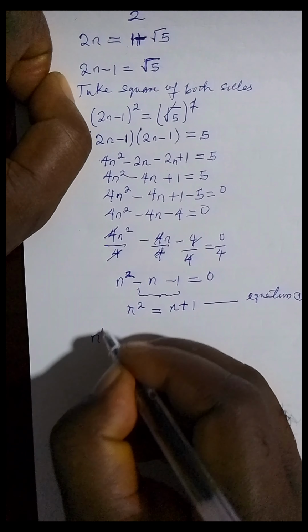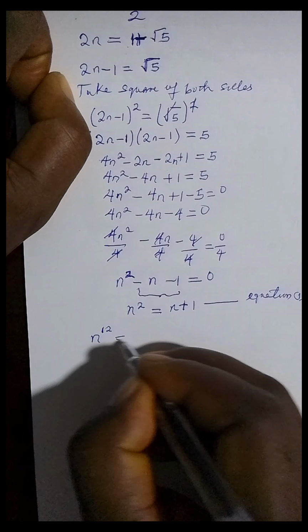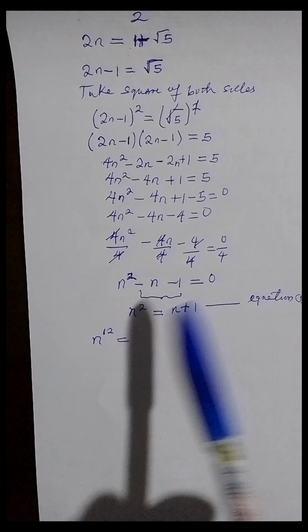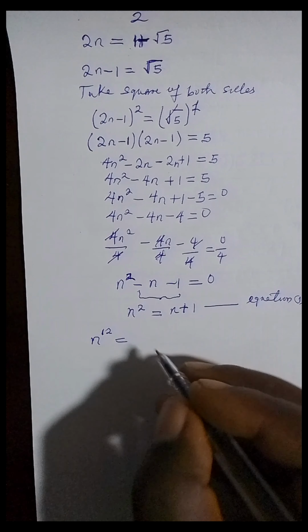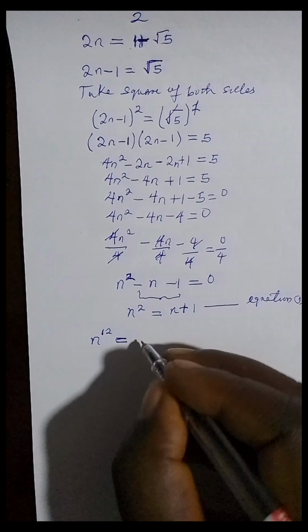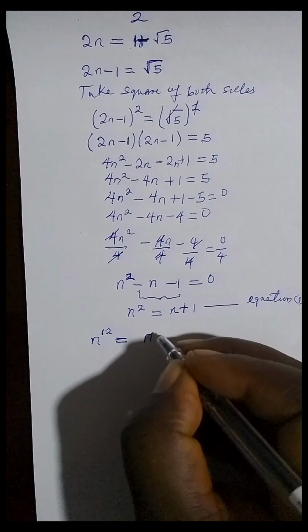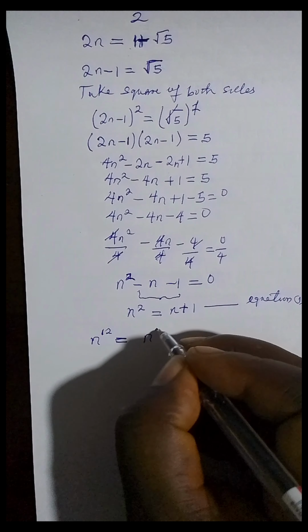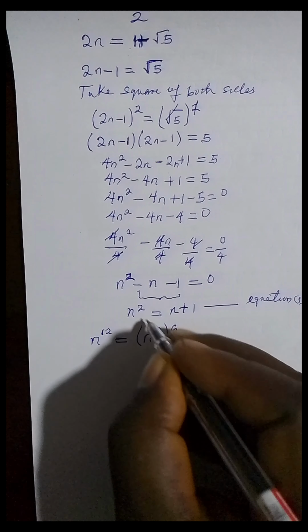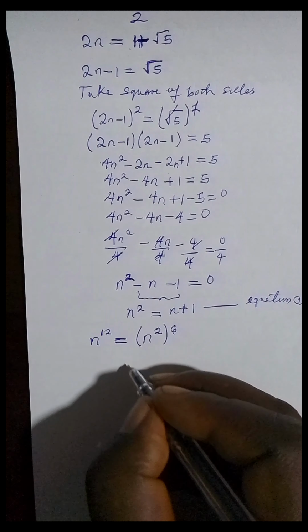Now let's bring down here n to the power of 12. The goal now is to be able to get n squared from this expression, and that way we can proceed systematically. So n to the power of 12 is the same thing as n squared to the power of 6. And of course, n squared is n plus 1.